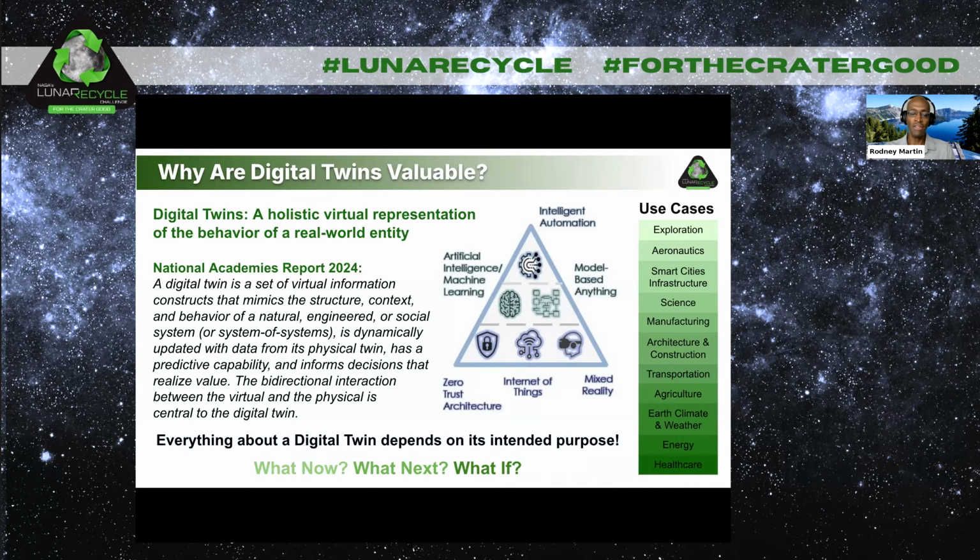So with a digital twin, the distinction in the definition from those prior definitions is really a bidirectional interaction. That is one of the definitions that was shown on a previous slide, and it is shown here, taken from the National Academy's report last year, where the last sentence really hones in on that bidirectionality aspect.